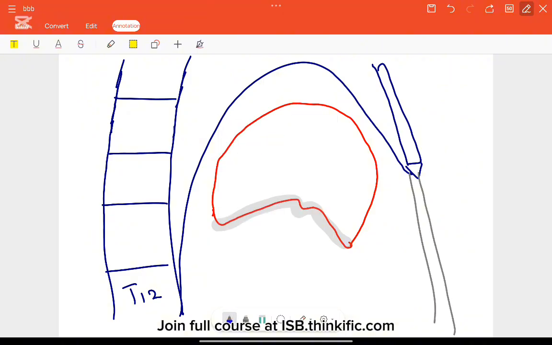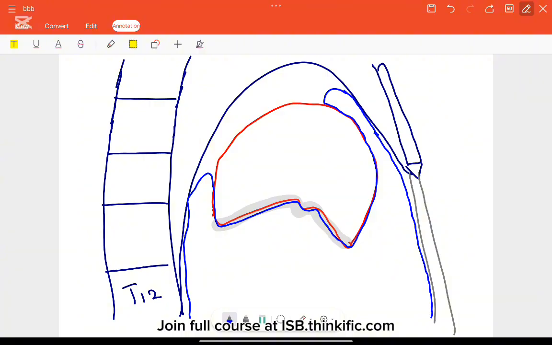And this is the parietal peritoneum lining the inner part of the abdominal wall. Now, parietal peritoneum will also continue onto the diaphragm, and then it will leave the diaphragm and attach to the liver at various points, forming hepatic ligaments, okay? And then it covers most of the liver and then reflects back into the back wall of the body.